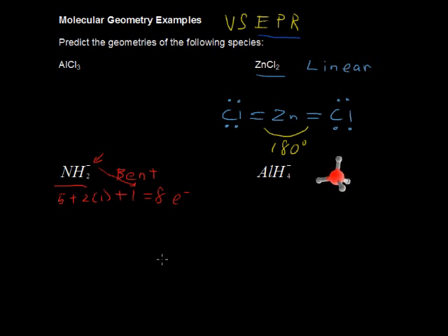Well, with these 8 electrons, here's what we're going to do. We have nitrogen right there in the middle, but instead of putting hydrogen on either side, left or right, we are going to have these lone pairs sitting on nitrogen, and those are going to push those bonds down like this, which is why this is called bent.